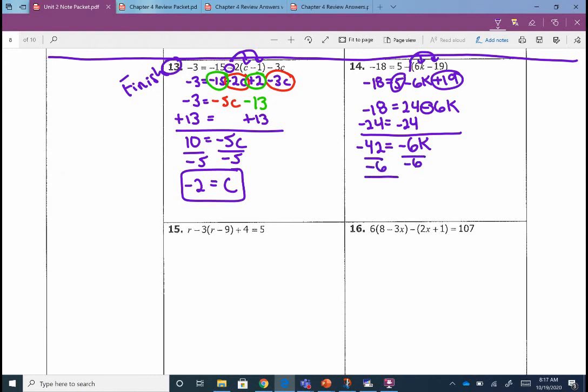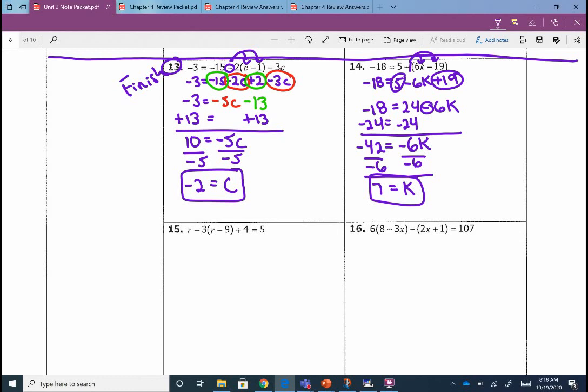So don't let those signs get you. So we have to be careful. That 6k coming down, it's negative. I have to make sure I didn't lose my negative sign on the way down. Be careful with that.